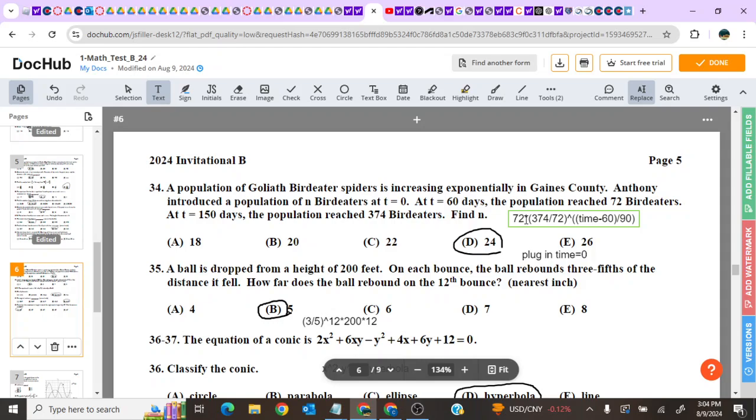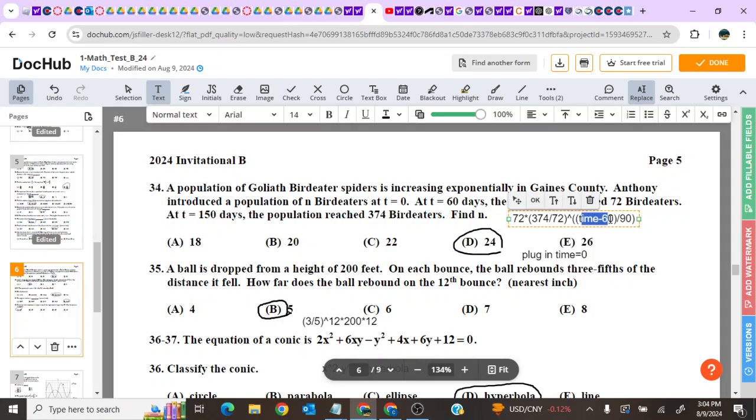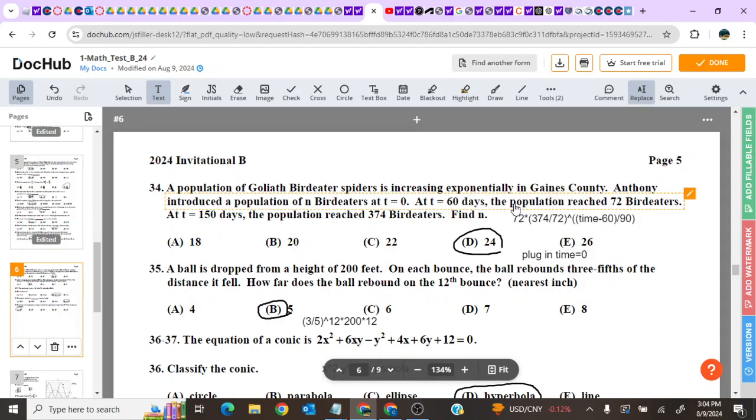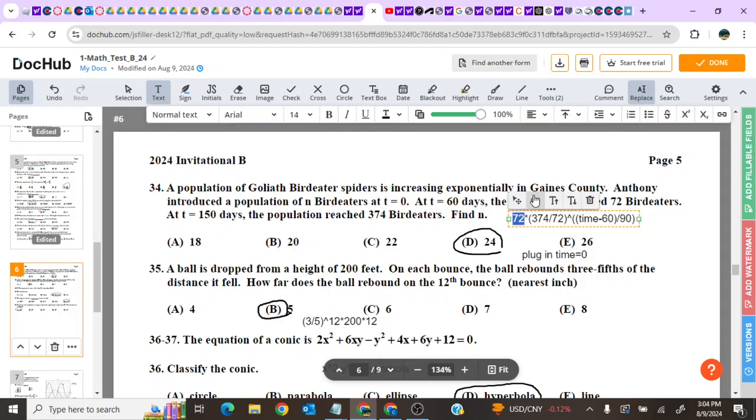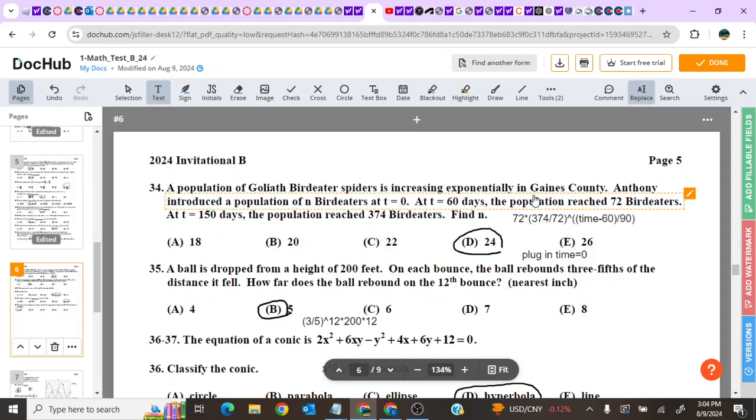And because we subtract time 60 from the time, if we put in time 60 days, this exponent will be 0, and any number powered to 0 is 1, and then you can multiply it by your clean 72 to get a value of 72, which represents this point right here.